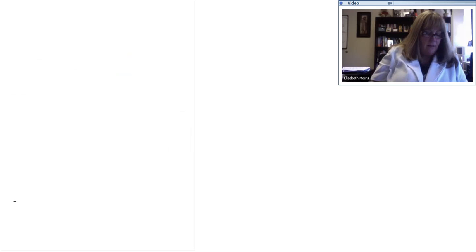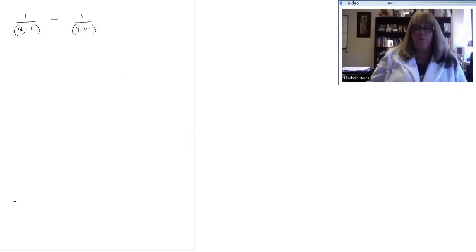All right, let's look at 1 over q minus 1 minus 1 over q plus 1. Now, these things are being added or subtracted, so I'm putting parentheses around them. Right now, the denominator has a q minus 1 and a q plus 1, and they are two separate things.